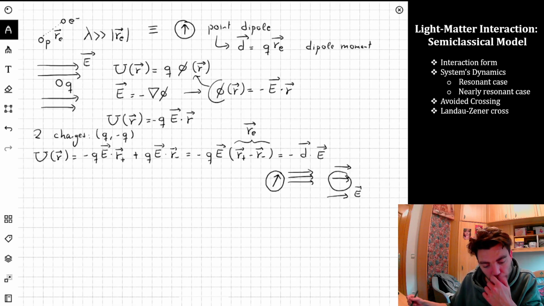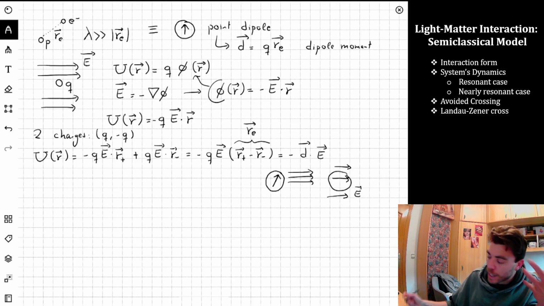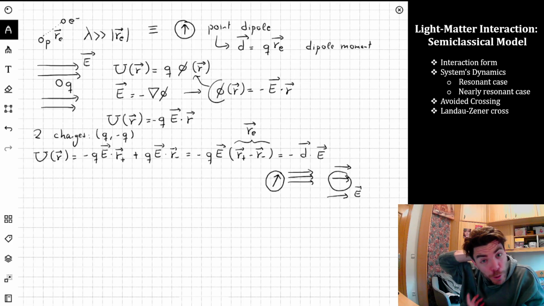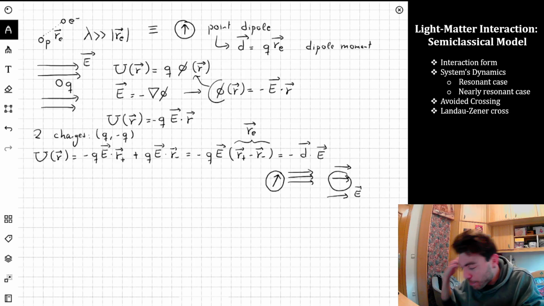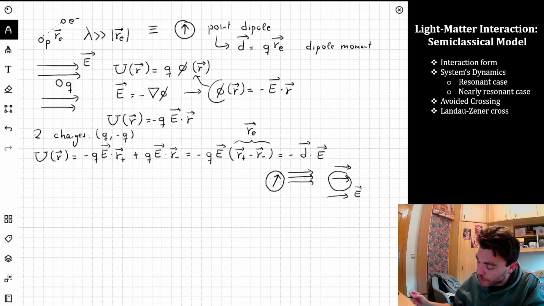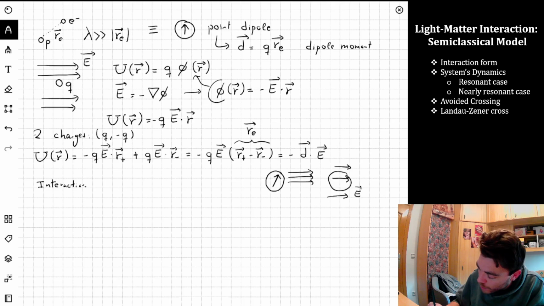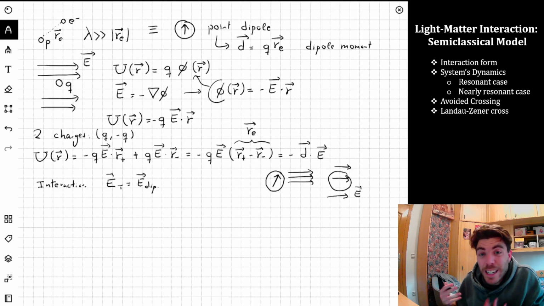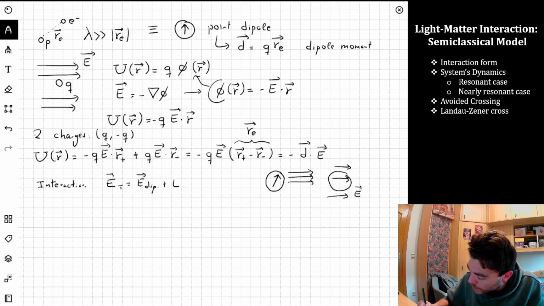Now, this energy describes how the external field E affects the dipole. So how the dipole behaves when there is an external field. So this is an interaction energy. One could write, just to be a little bit more precise, the total electric field as the electric field of the dipole itself, which is intrinsic to the dipole, plus the electric field that is external, let's say.